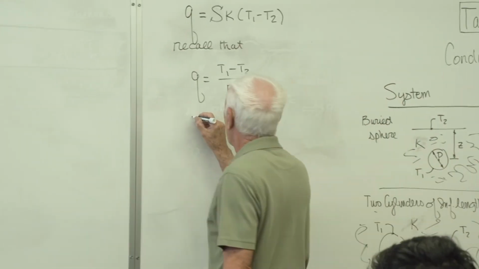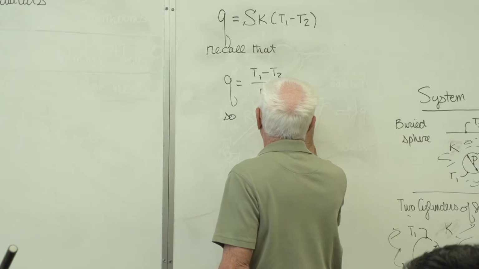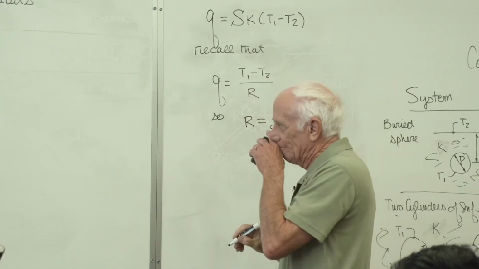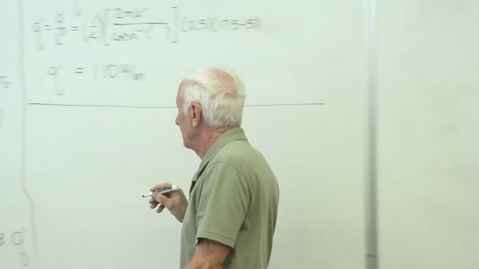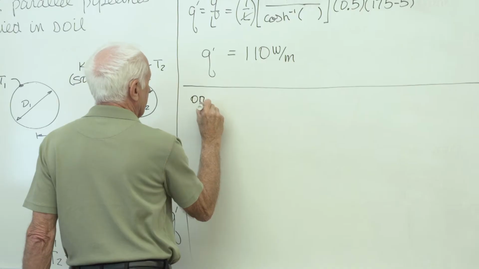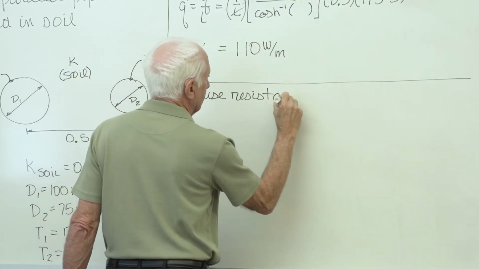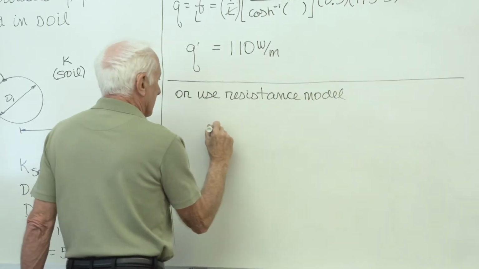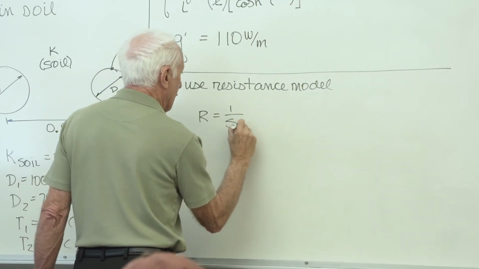So in our case then, look at these two equations, R is 1 over SK. So I'm going to work just over here now with the resistance model. R is equal to 1 over SK.